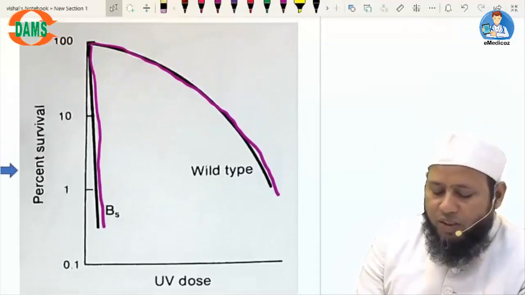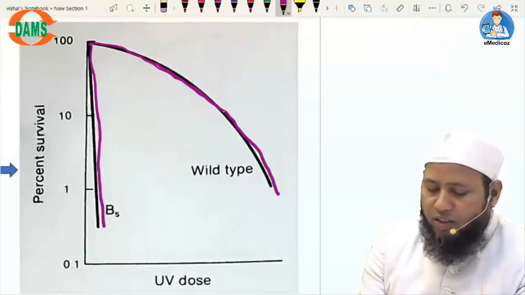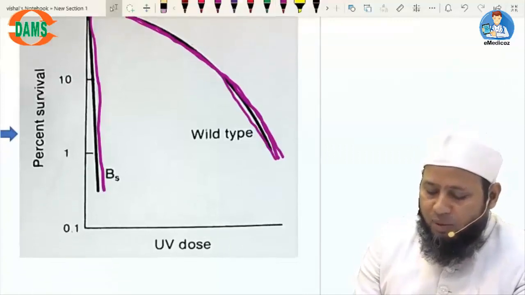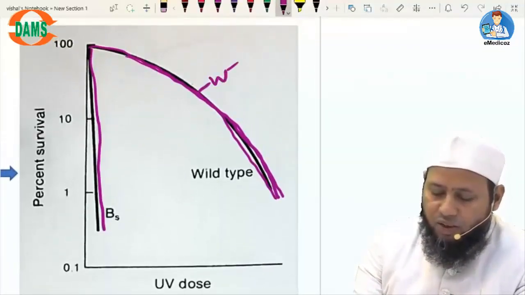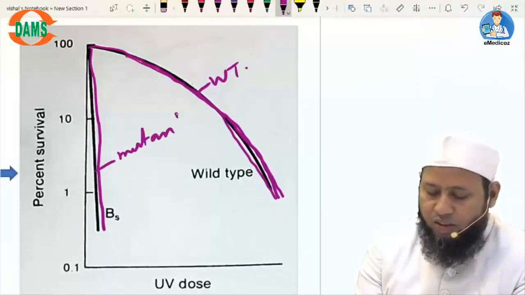Based on what we see here, there is a gradual reduction in the survival of the cell in the presence of the mutagen. This is for the wild type, and this is the mutant strain.